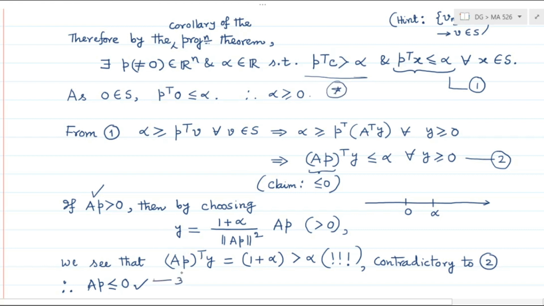and let's suppose this is 3, and also you have alpha greater than or equal to 0.